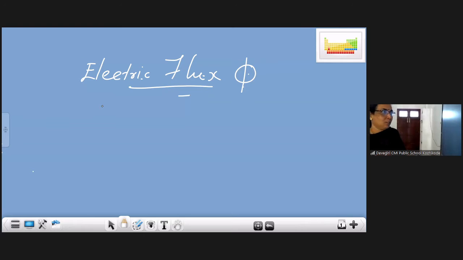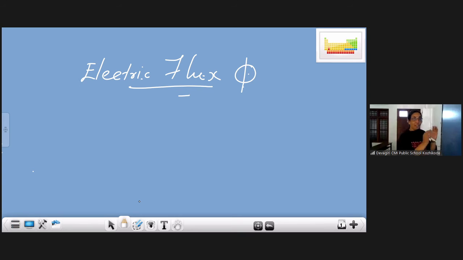Now, why I'm telling you this is electric flux. Imagine these are electric field lines and I have a surface. If I keep the surface perpendicular to them, maximum field lines will pass through it.